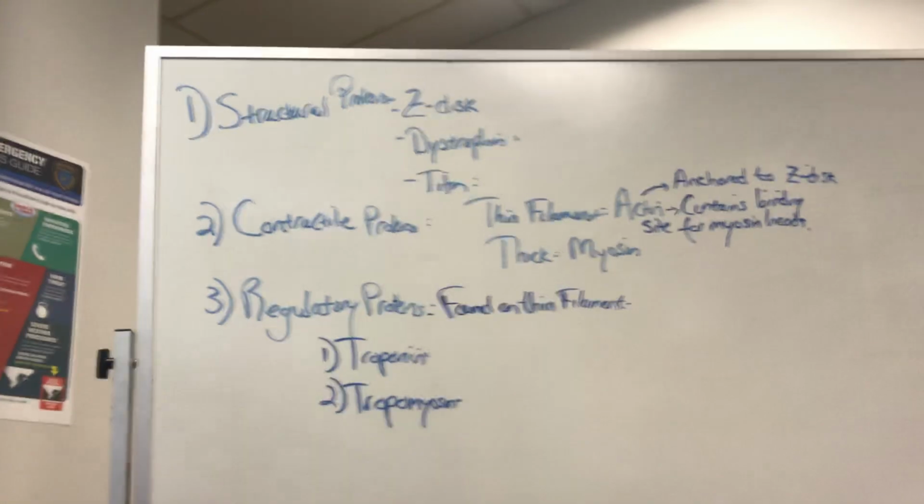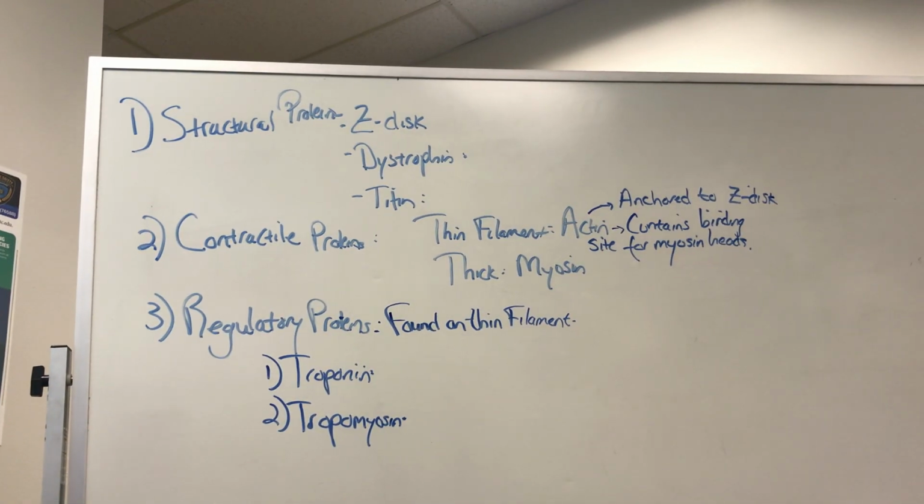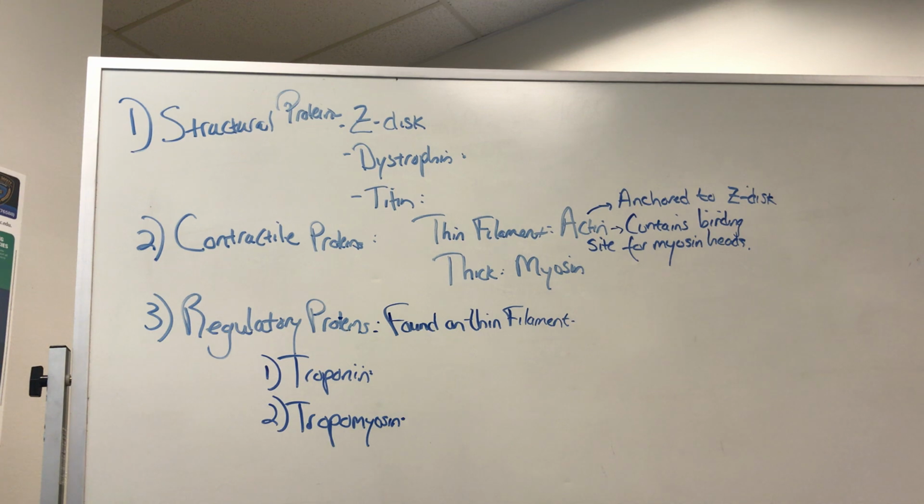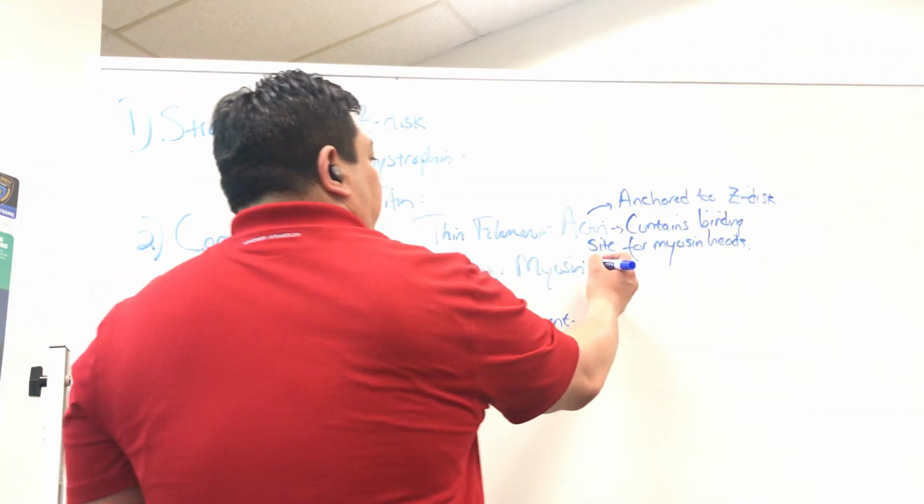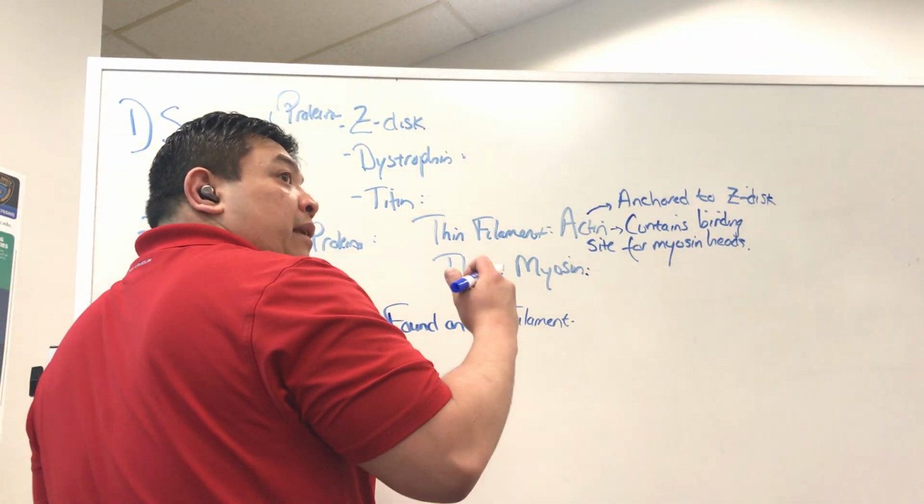So that makes it important. At the same time, it also has a binding site, so then myosin can interact with it. The myosin is the important part right here for actual movement.